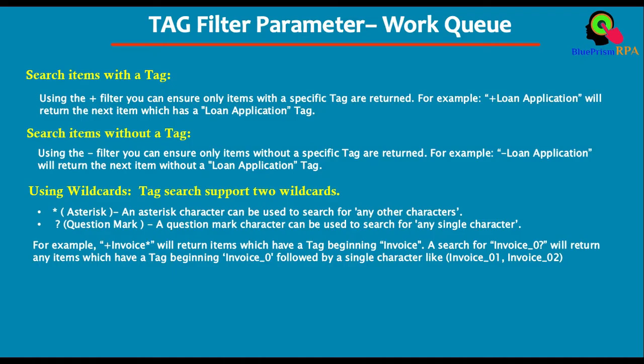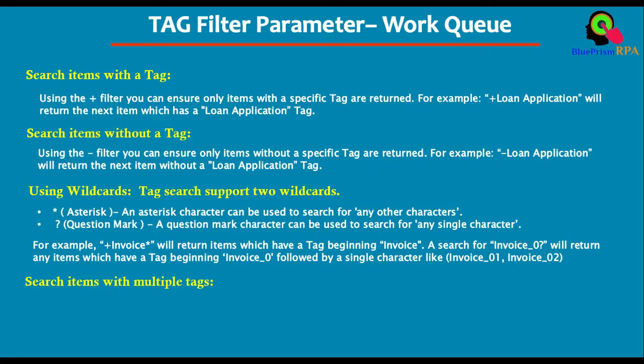If you have a value like invoice underscore 012, that will not work here. It will only fetch data where invoice underscore 0 is there, followed by only one character. That can be 1, 2, 3, or any one single character. So you can use these two wildcards, star and question mark.